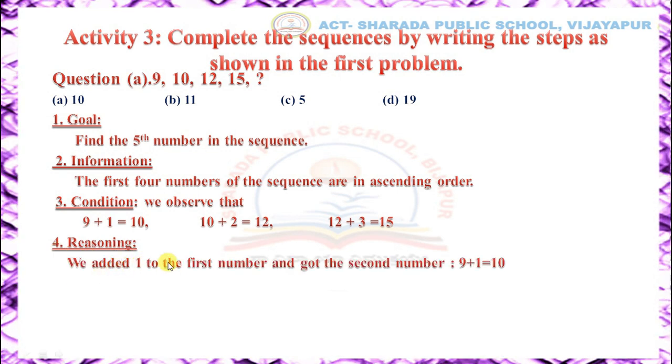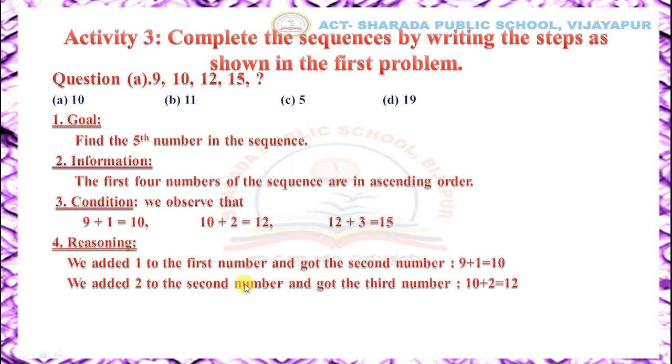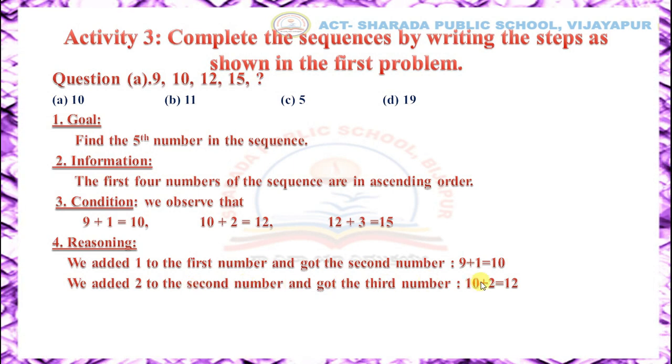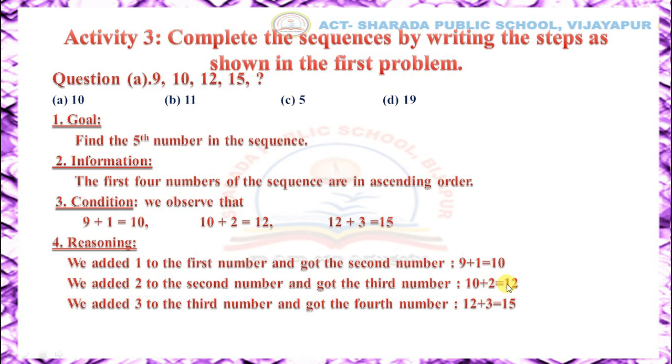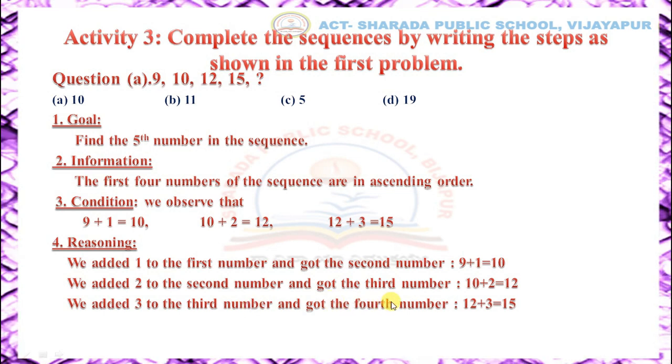We added 1 to the first number and got the second number. That is 9 plus 1 is equal to 10. We added 2 to the second number and got the third number. That is 10 plus 2 is equal to 12. We added 3 to the third number and got the fourth number.